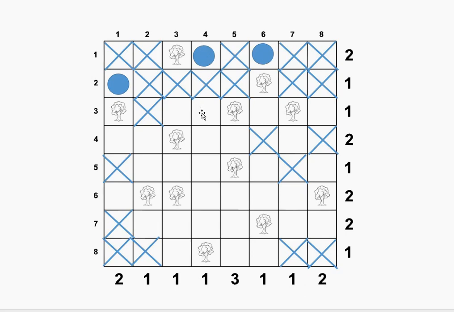The consequence is that there are no tents in the remaining cells in both columns number 4 and number 6. Here is the empty cell, and finally here. The same situation is here in column number 6. All empty cells.